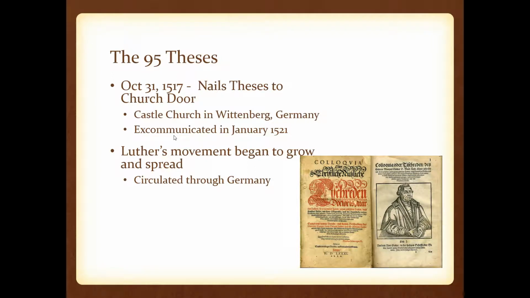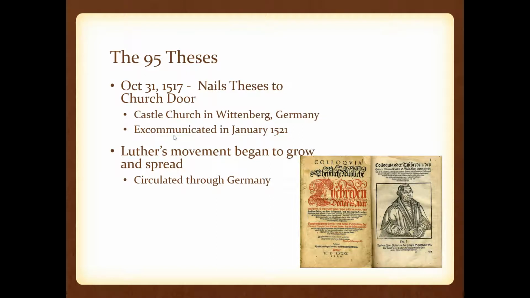There's no Germany just yet, but it's circulated throughout the German states, and it begins to grow and spread. His ideas begin to grow, and this is one of the reasons why his religious reform succeeds, whereas others had failed, is because it is easy for other people to read it.